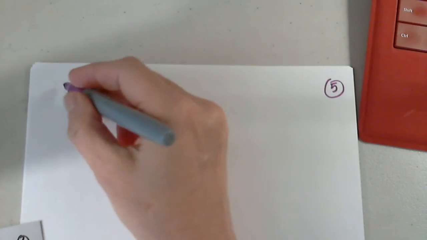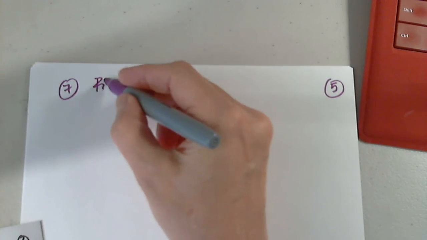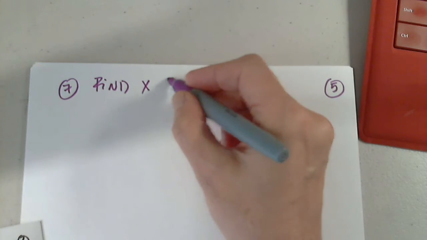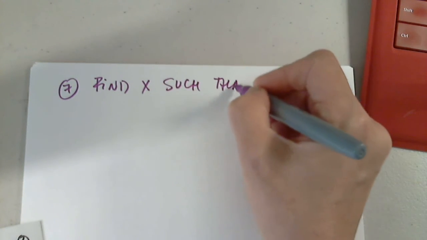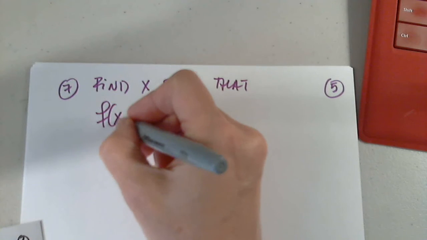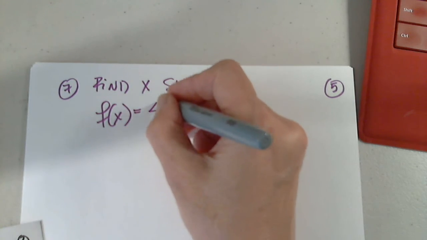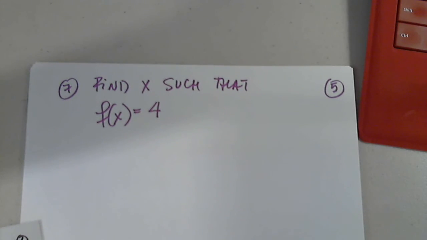I think I'm on page 5. Question 7. Find x such that f of x is 4. What am I given now? What am I asked to find?